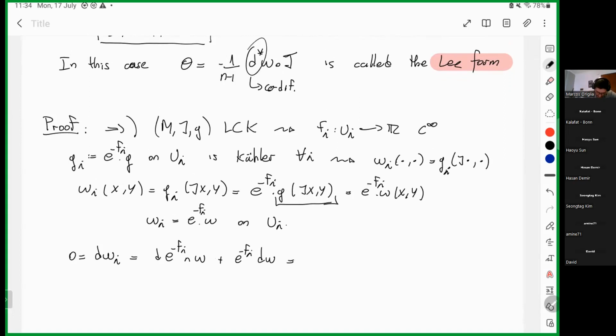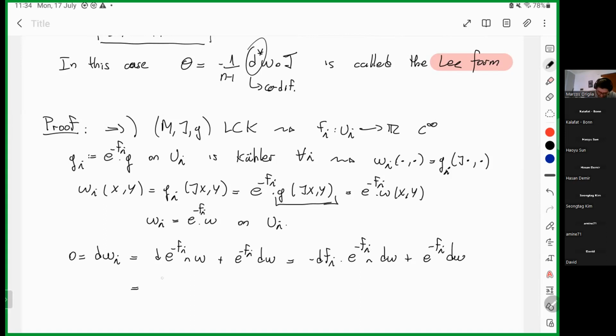If we do the computation, it's minus df_i, exponential of minus f_i, wedge omega, plus this guy.